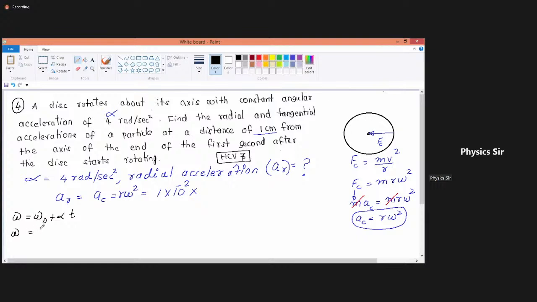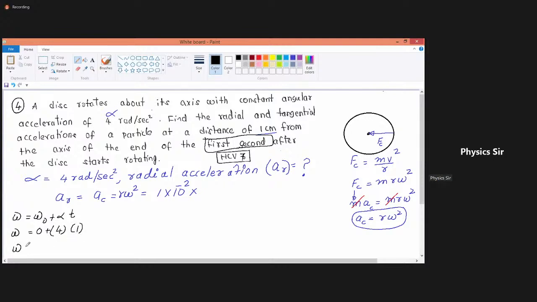Omega naught is 0, alpha is 4, and the time is first second. Time is 1.